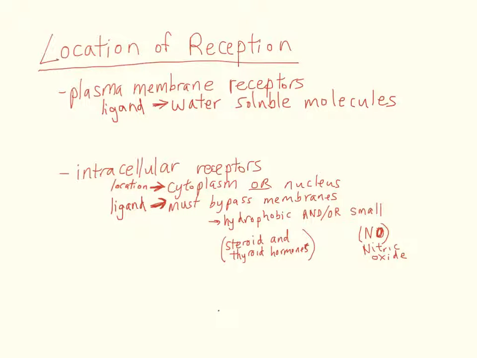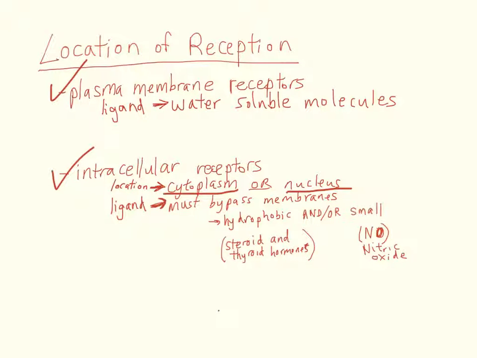Now let's talk location of reception. We have plasma membrane receptors and intracellular receptors. For plasma membrane receptors, the ligand is a water-soluble molecule. For intracellular receptors, well, these can be either in the cytoplasm or in the nucleus.